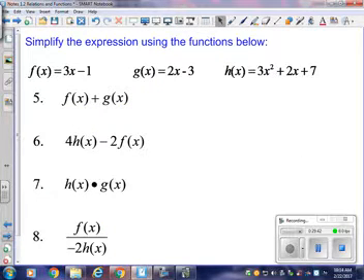All right, so here are 4 problems I want you to try. Notice that in a few of these, they're asking you to do a little bit more than last time. Like this one, I have to do 4 times h and write it down on the first row. And then I could multiply by -2, and that'd help me out tremendously because it wouldn't be a subtraction problem anymore, right? And then I could write that on the second row and add like terms.